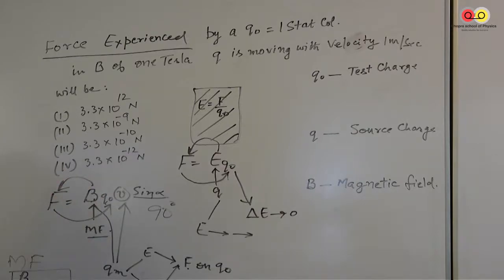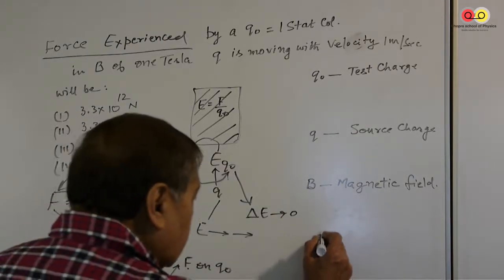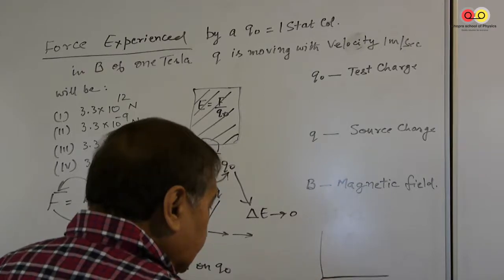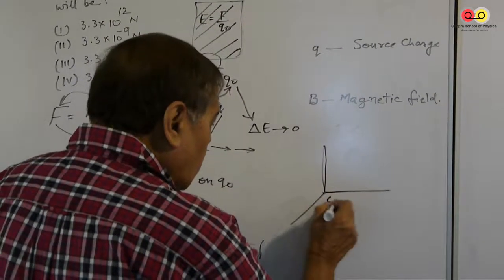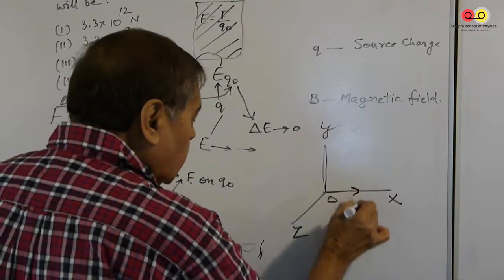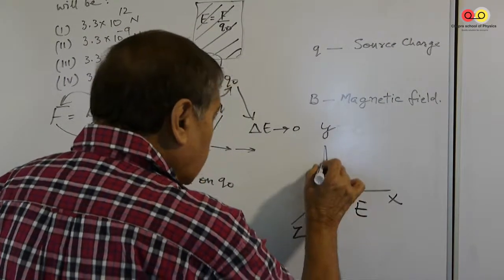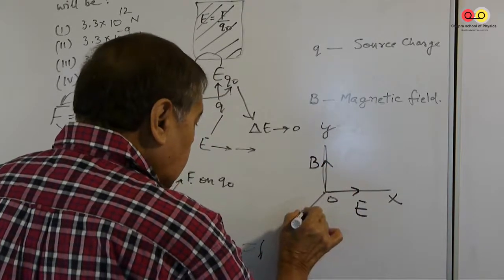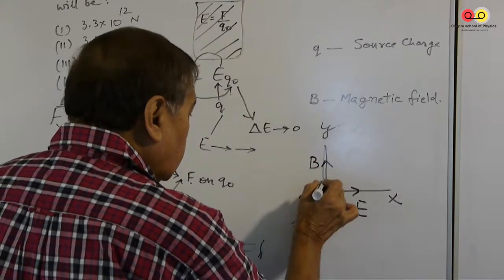If you wanted to understand it more elaborately, it is like this. These are the three-dimensional diagram, OX, OY, OZ. This is electric field, magnetic field, and this is the motion of charge.